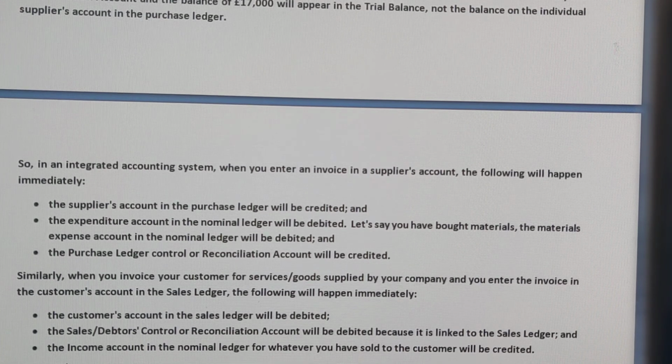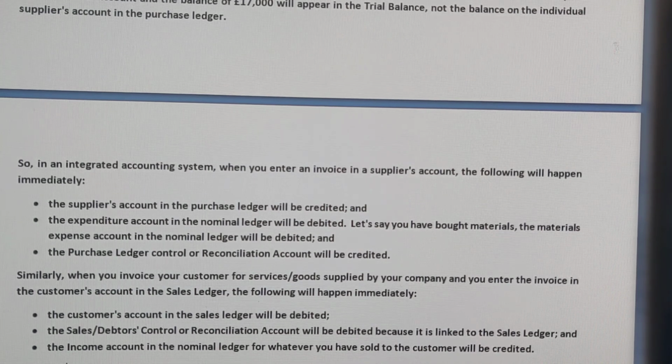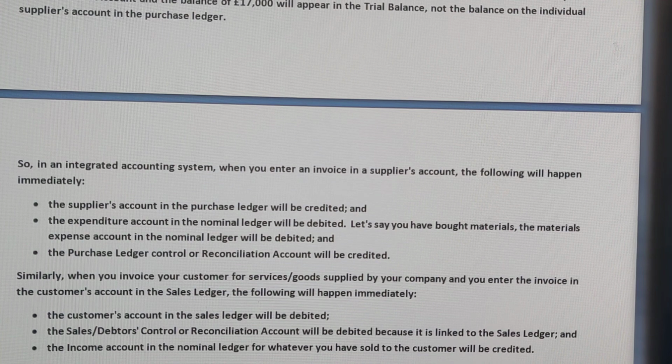On the other hand, when you process your customer's invoice for whatever you sold to them, the customer's account in the sales ledger will be debited. The sales ledger control account will be debited because it is linked to the sales ledger. The income account in the nominal ledger for whatever you sold will be credited.